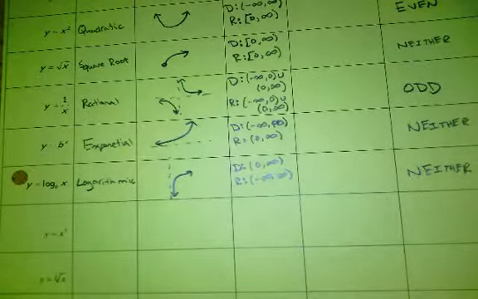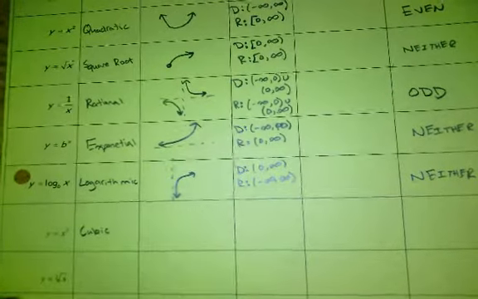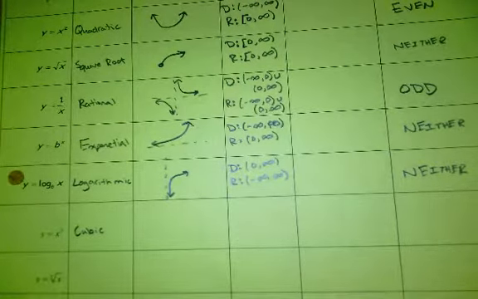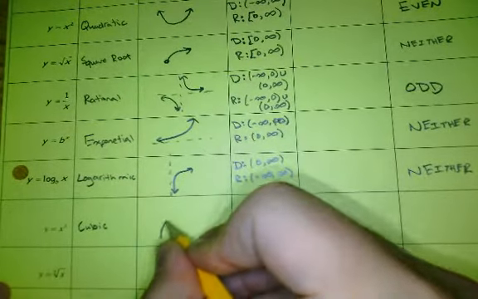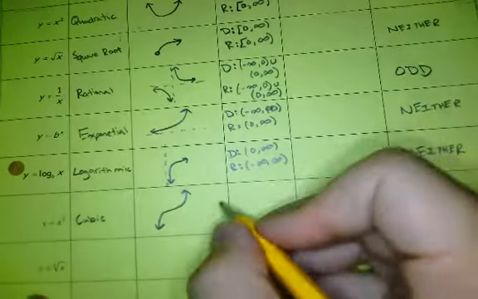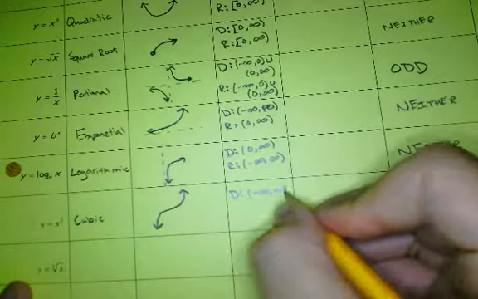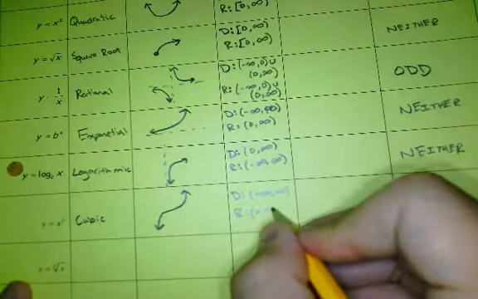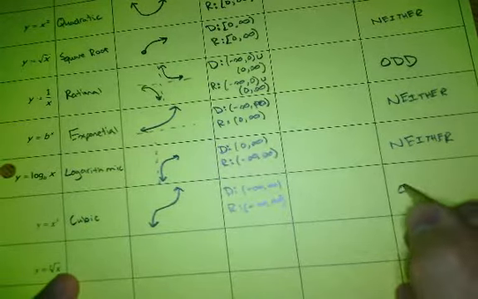What's this next one called? Cubic. Am I going too fast, by the way? Too slow? Just right. Okay. Looks like that guy right there. Domain and range are all real numbers, so negative infinity to infinity. And this one's odd.